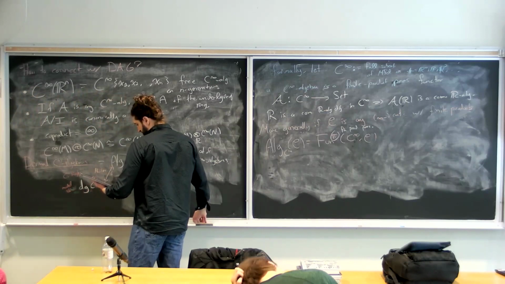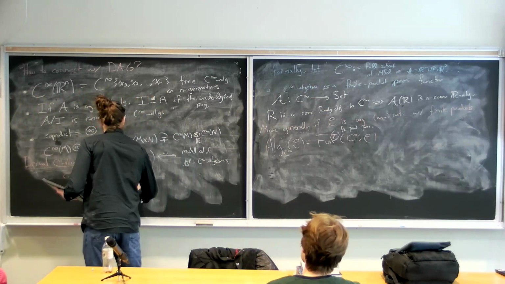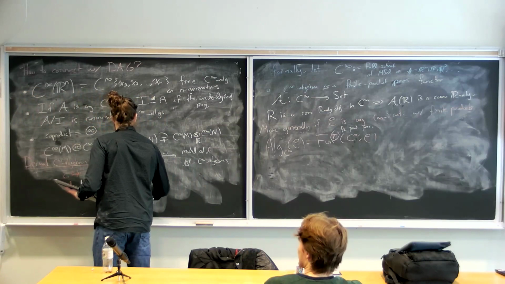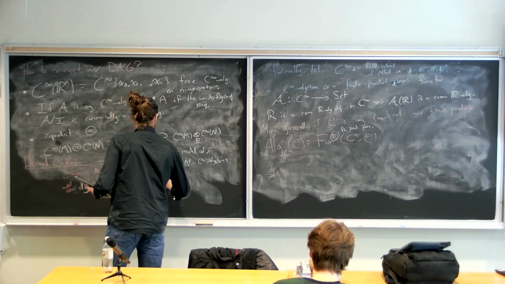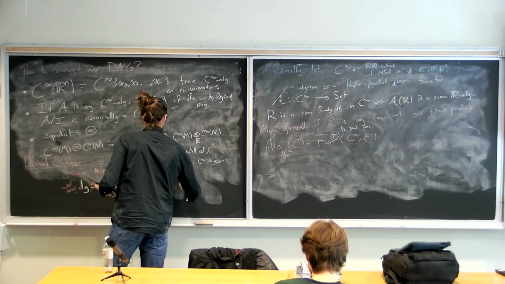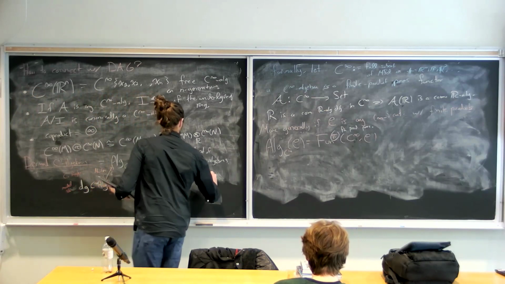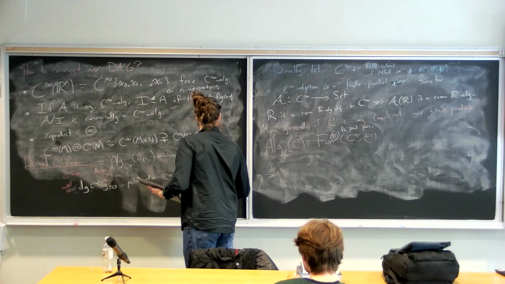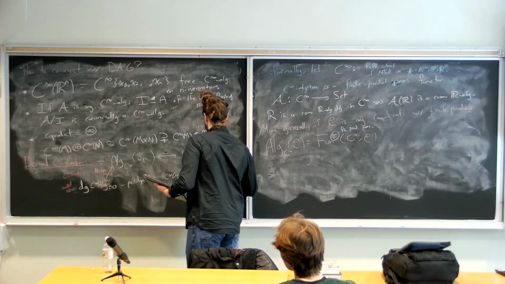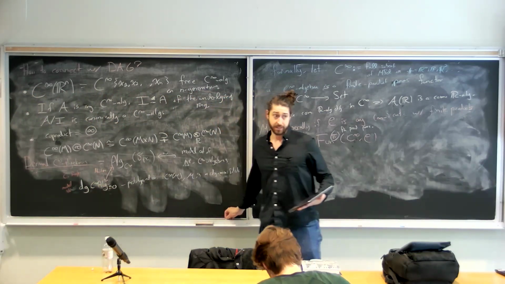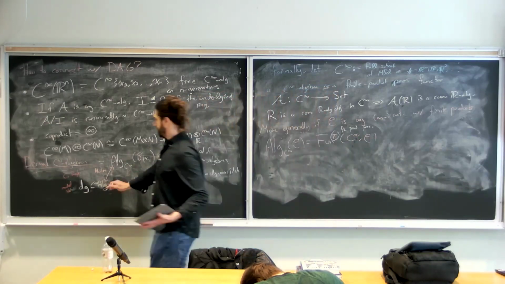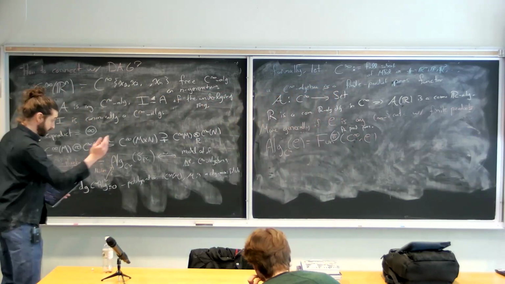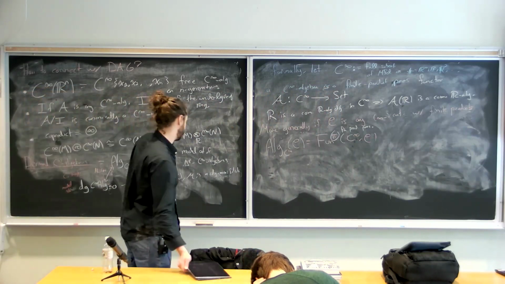In the prototypical example here, just smooth functions on M, where M is a DG manifold. Just like the prototypical example of a C infinity algebra is smooth functions on a manifold, the prototypical example of a DG C infinity algebra is the smooth functions on a DG manifold.